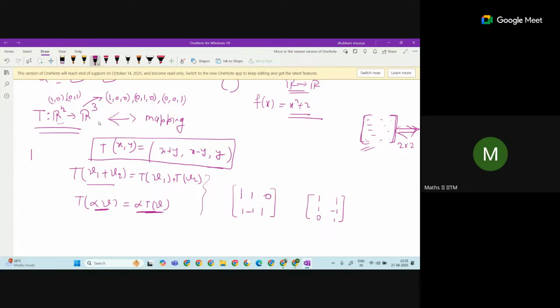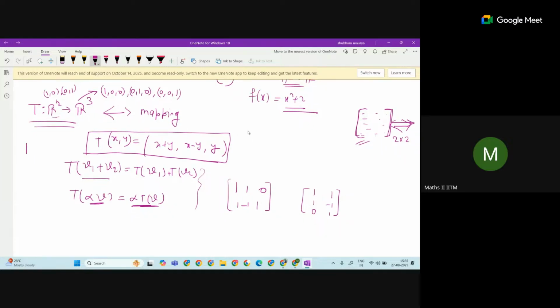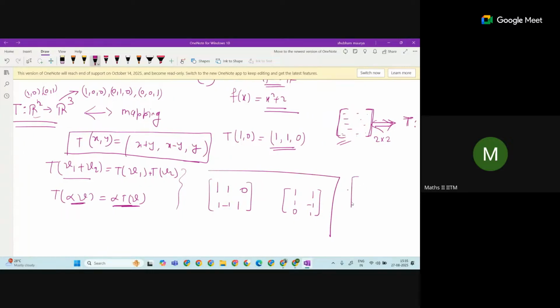So generally, the way to find it is that you take the canonical basis and find the image. Here the image is going to be (1, 1, 0), and write this as the first column. So the first column is 1 1 0.